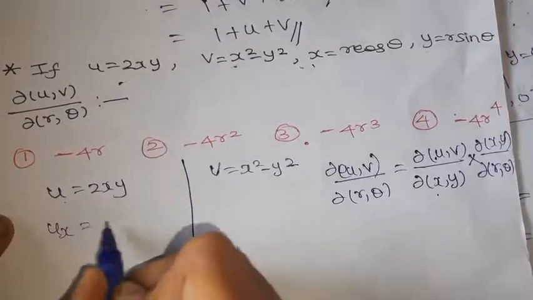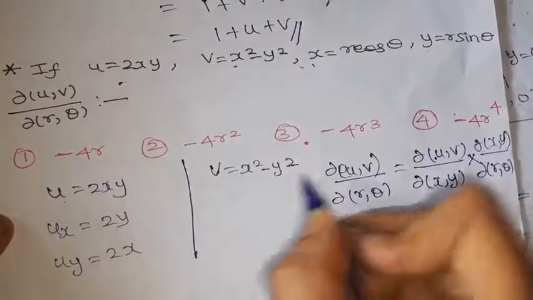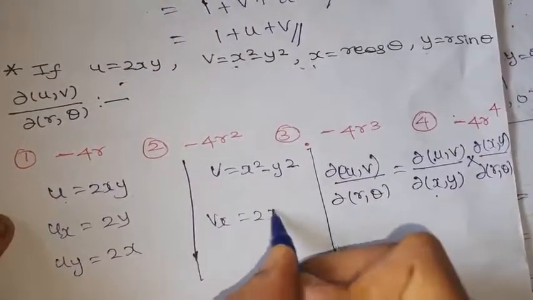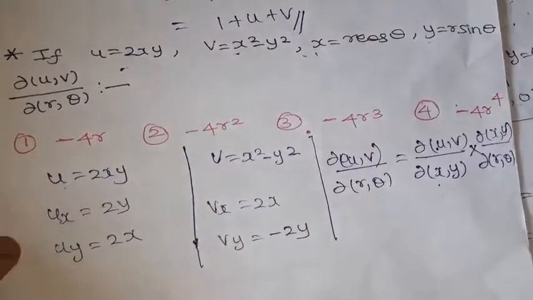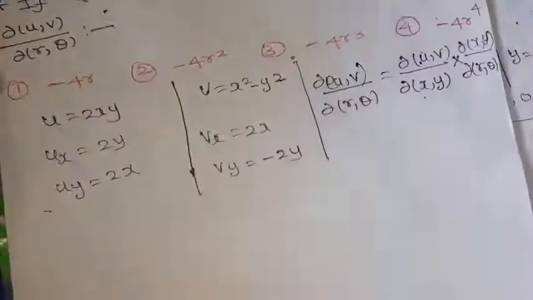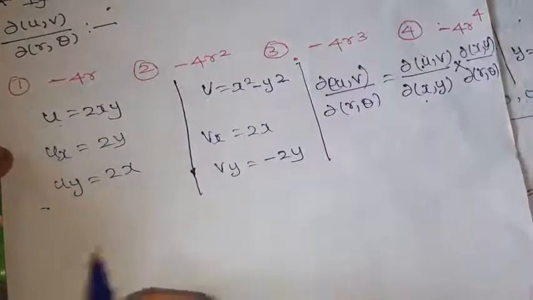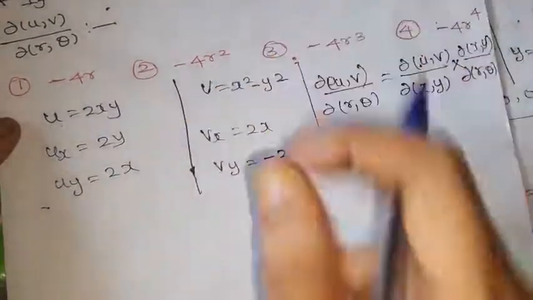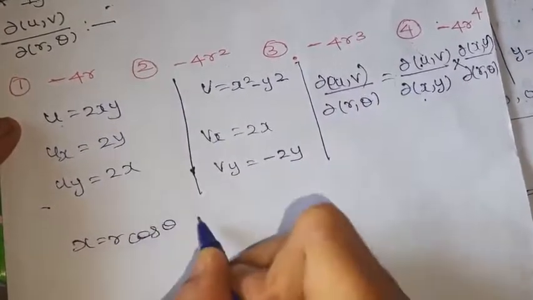So ux equal to 2y, uy equal to 2x. Then vx equal to 2x, vy equal to minus 2y. Right? So this one is ∂(u,v). Then we can find the x, y values also, and then collectively write them in matrix.